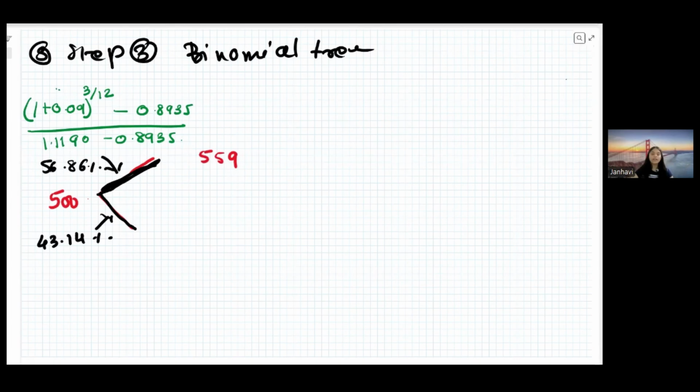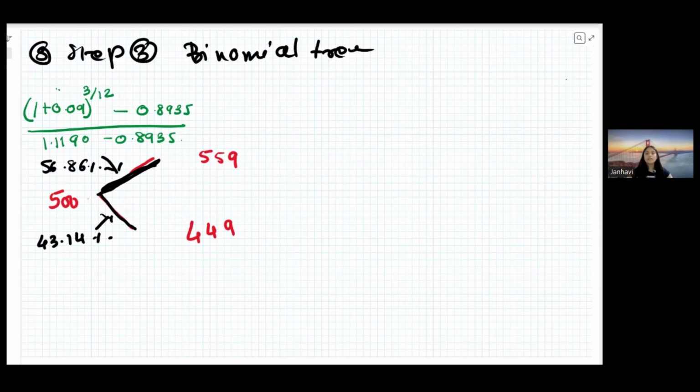Similarly, do it for the downtick, that is 500 into 0.8935, and that will give you something like 446. So from 500 there is a probability of 43.14% that the price will drop to 446, and a probability of 56.86% that the price will go from 500 to 559 rupees.